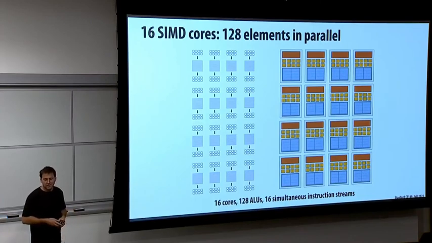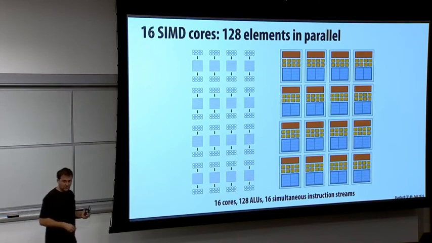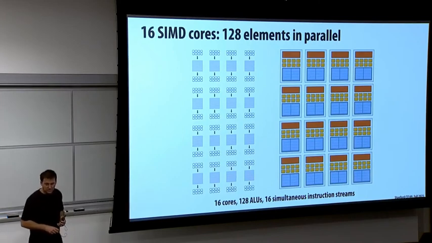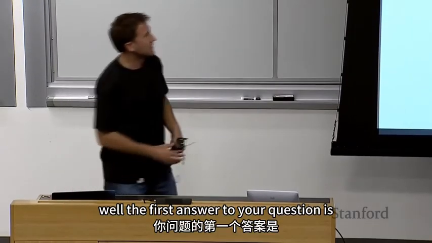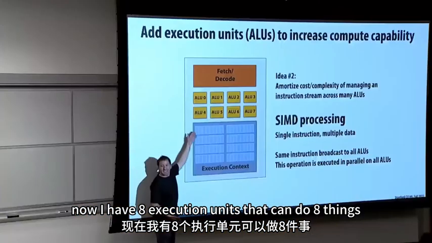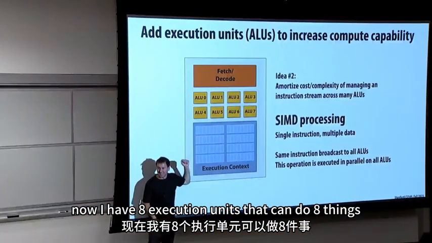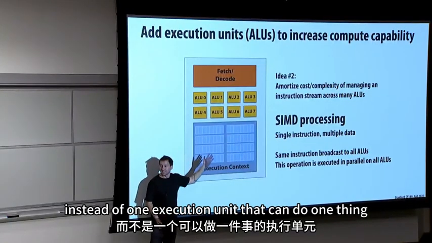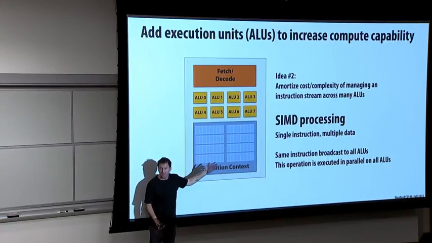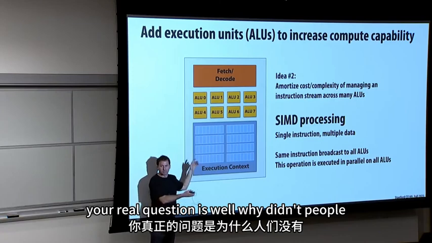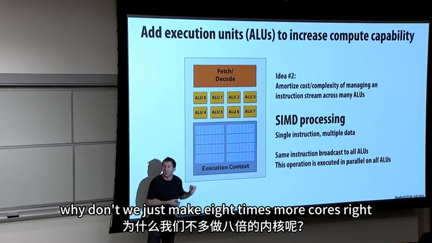Could you repeat why putting them into a vector makes it faster? Well, the first answer to your question is now I have 8 execution units that can do 8 things per core instead of 1 execution unit that can do 1 thing. Your real question is, well, why don't we just make 8 times more cores?